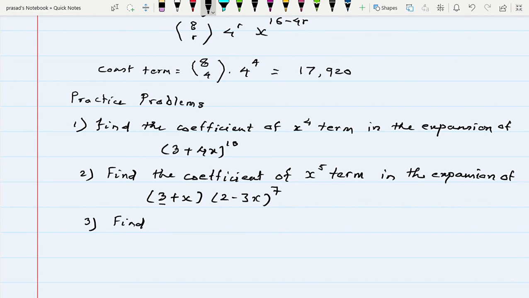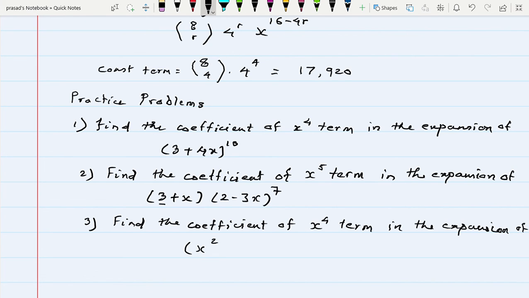Okay, now take this. Find the coefficient of the x to power 4 term in the expansion of x square plus 5 upon x square, to power 6.